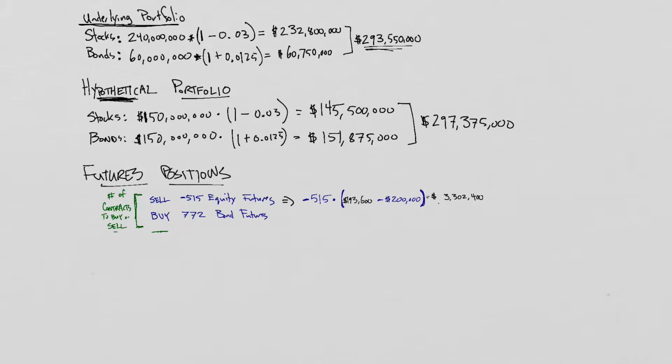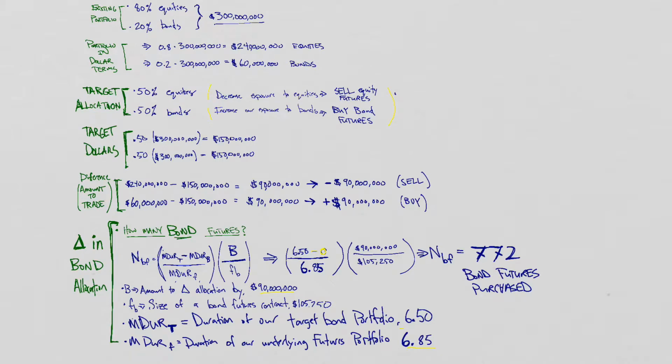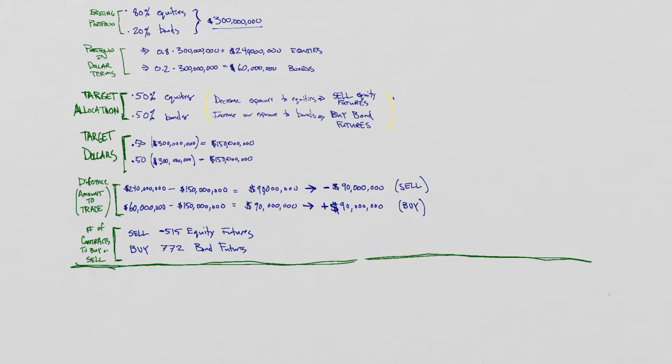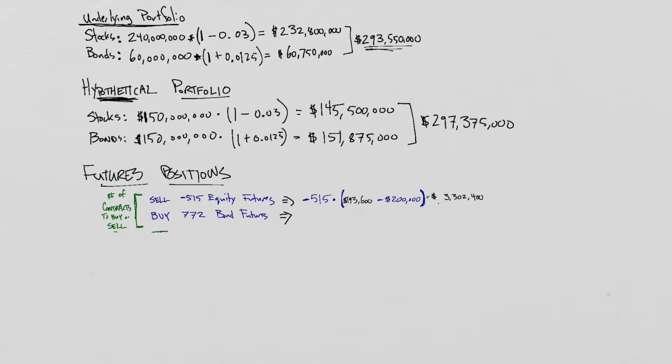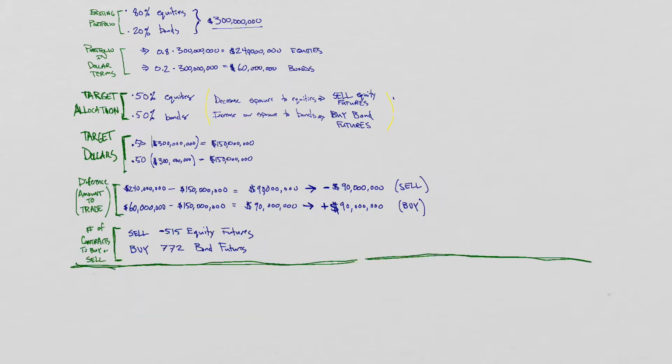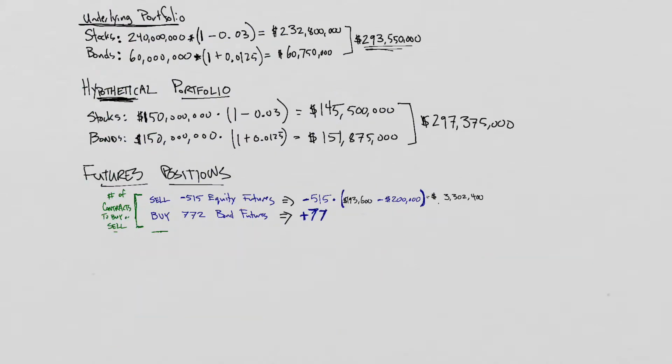The other side is that we bought bond futures. We had bought 772 of them. That's how much we figured we needed to get us to the desired 50-50 portfolio, based on the size of our portfolio, the duration of the bond futures contract, and the duration of our target portfolio.